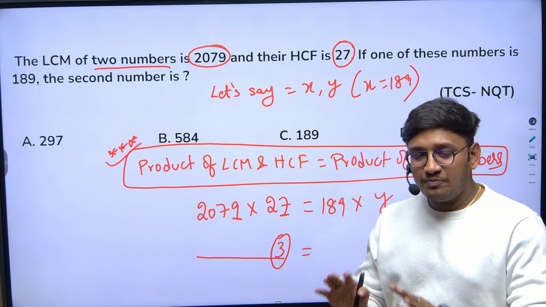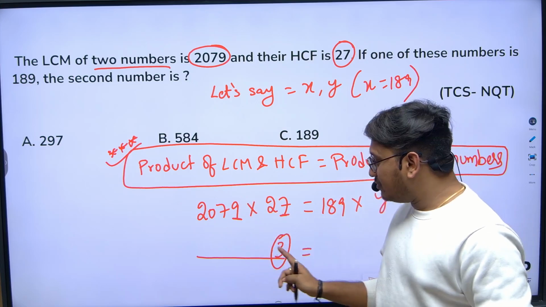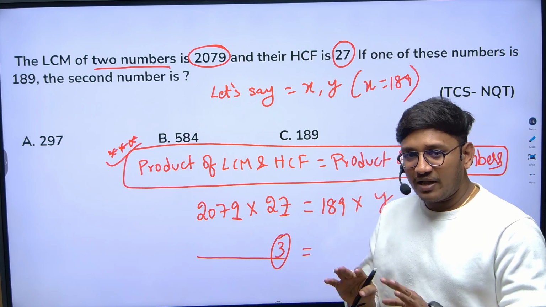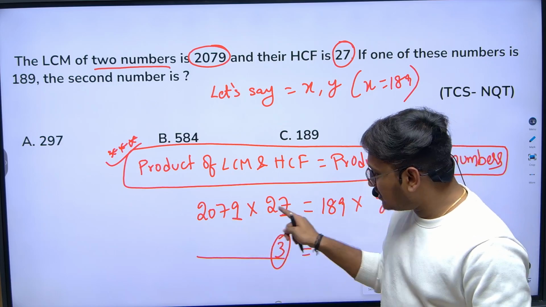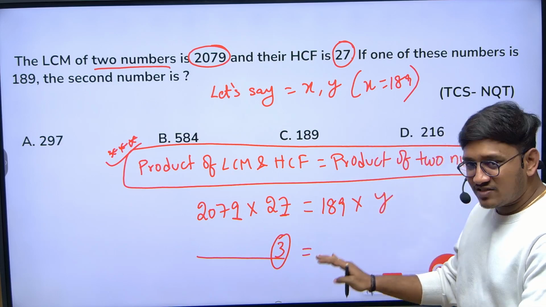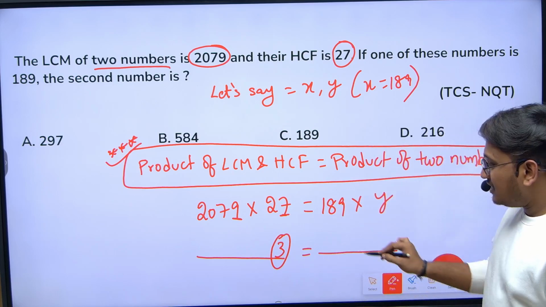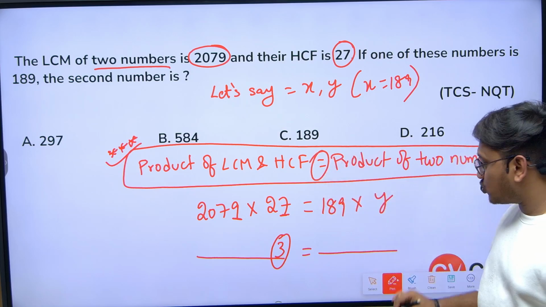I'm not sure what the entire answer will be, but I'm sure the units place will be 3 if I multiply these two numbers, because 9 sevens is 63, ending with 3. Now if I follow the same procedure, this answer should also end with 3.